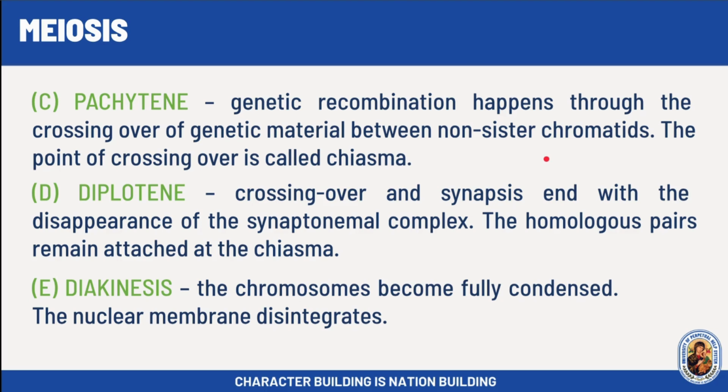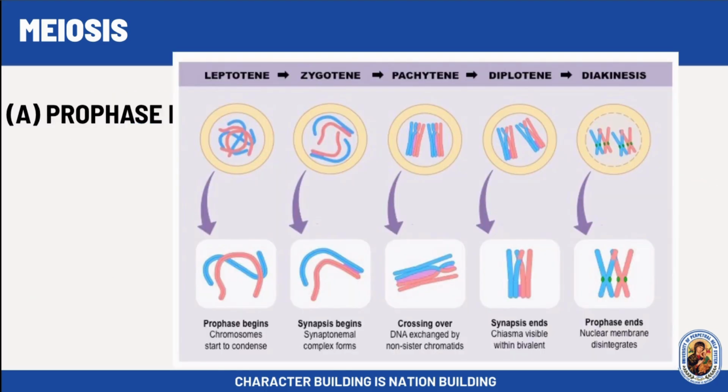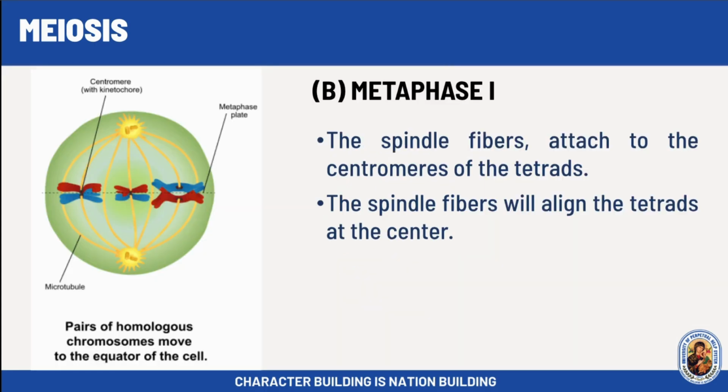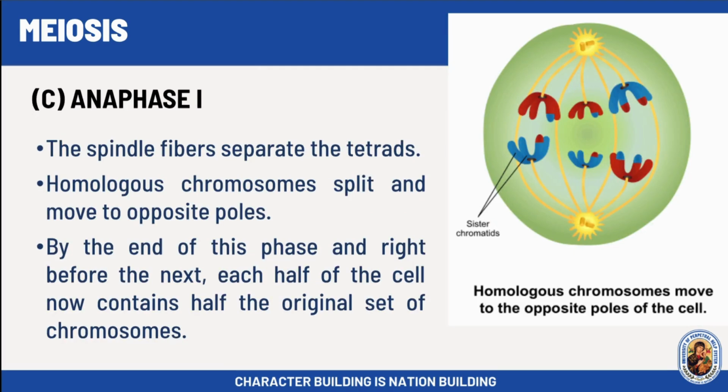We'll proceed with metaphase one. In metaphase one, it's pretty simple. The tetrads line up in the middle, and then the spindle fibers begin to attach to the tetrads in preparation for the next phase, which is anaphase one.